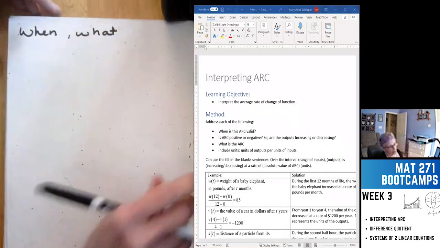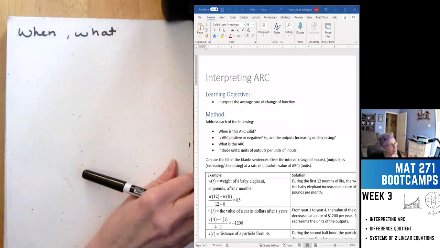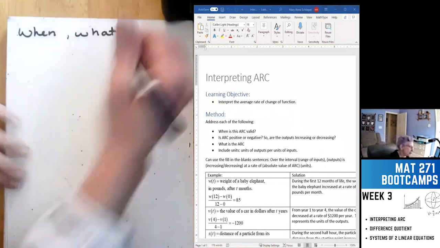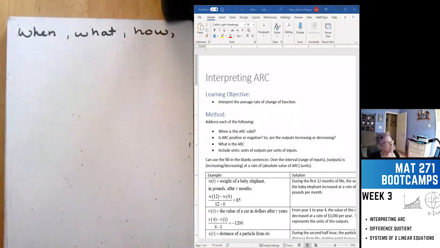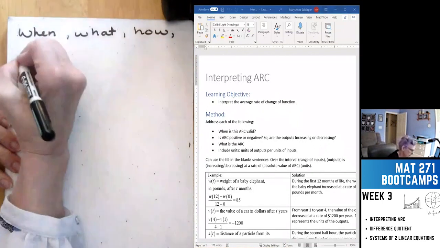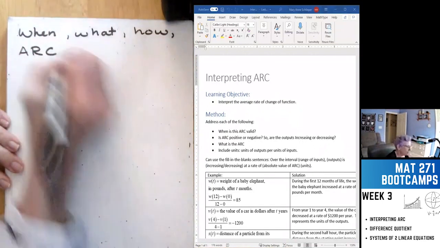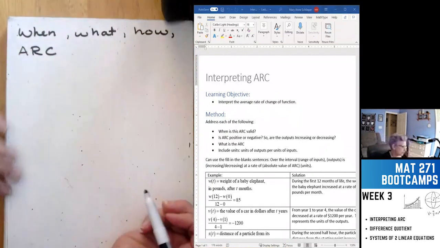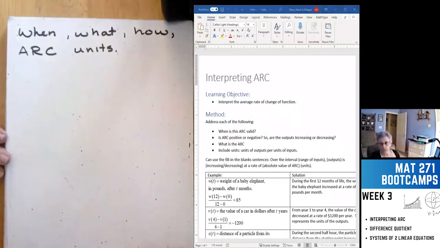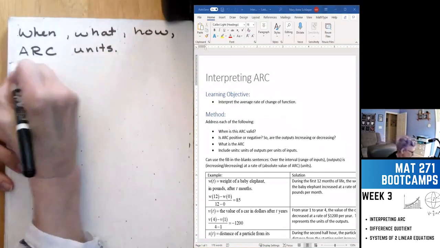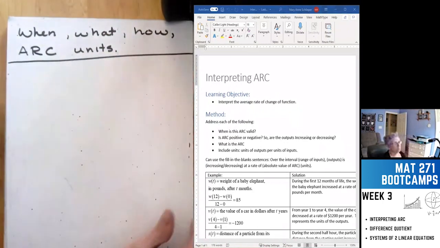So for our first example there, the output is the weight of the baby elephant. So when is it changing? What is changing? How is it changing? Is it increasing or decreasing? Then you have the ARC, or whatever the rate of change is, and don't forget the units. So those are the important things to remember when interpreting a rate of change.